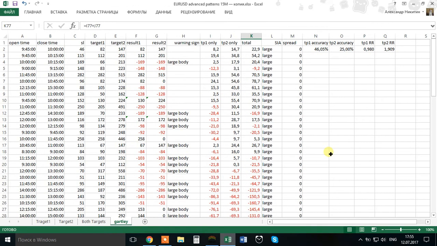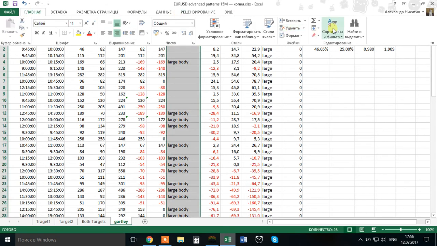Okay, now I will show you visually so you can perceive it and remember it, how important it is to be disciplined. If it is said to avoid the large expansion bars, then you should avoid them. You should be disciplined with this rule. You shouldn't be hurried to trade every single opportunity. Okay, let me do it this way.